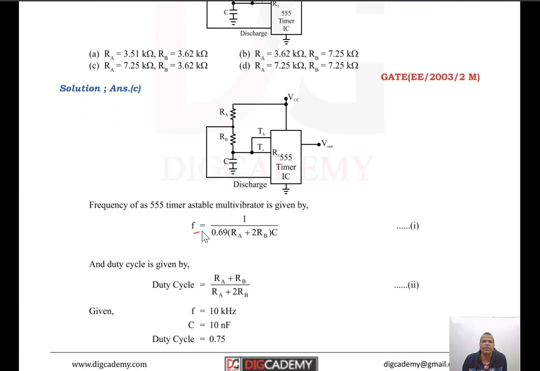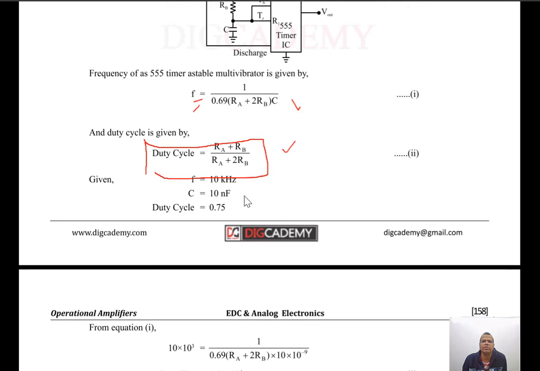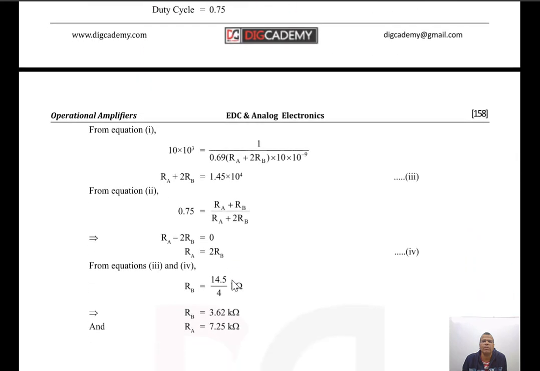Frequency is given by this, right, and duty cycle of the astable multivibrator is given by this. So remember both of these expressions. Just by putting the values here, you are able to get values of RA and RB. That is a simple question, and that finishes your astable multivibrator using 555 timer.